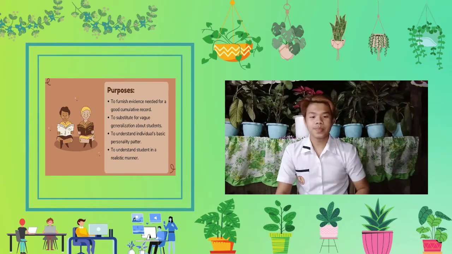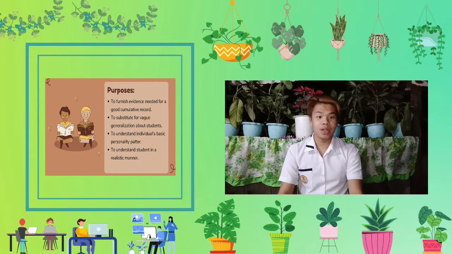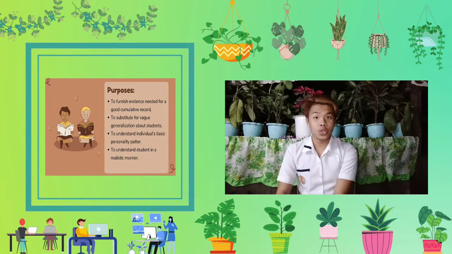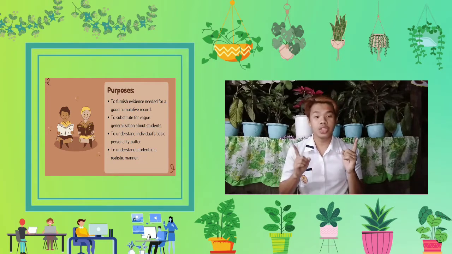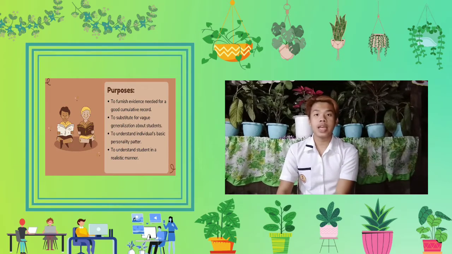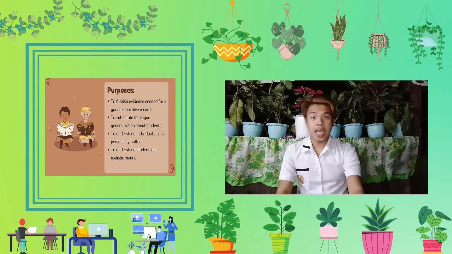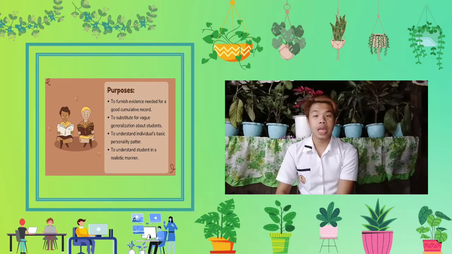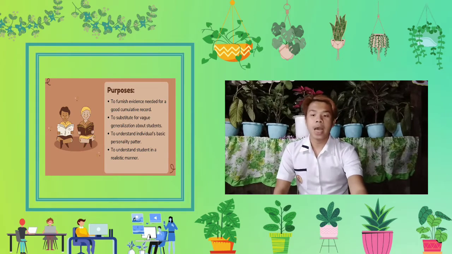Third one, to understand individual basic personality pattern. Here, it provides an opportunity for a healthy pupil and teacher relationship. And the last one is to understand in a realistic manner. So the teacher is able to understand his or her pupil in a realistic manner.